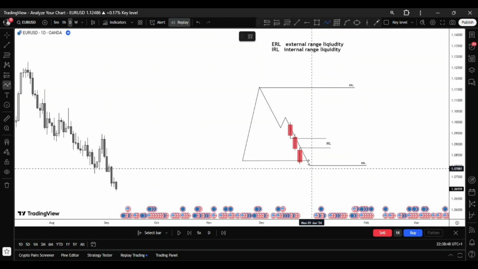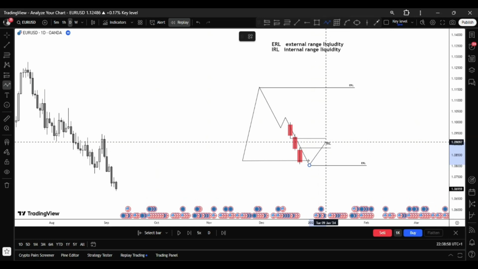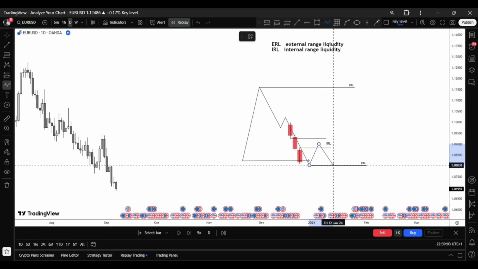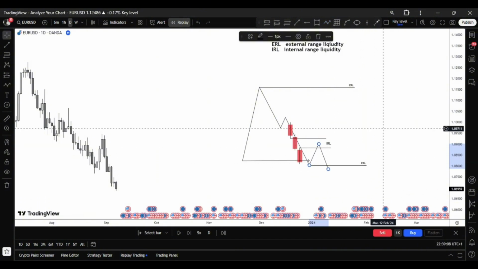In this case, we want price to trade back inside of this fair value gap. And then we'll be looking for our entry confirmation here to go short to take out this new low, which is also our ERL, our external range liquidity. So it's very simple, just as simple as that.